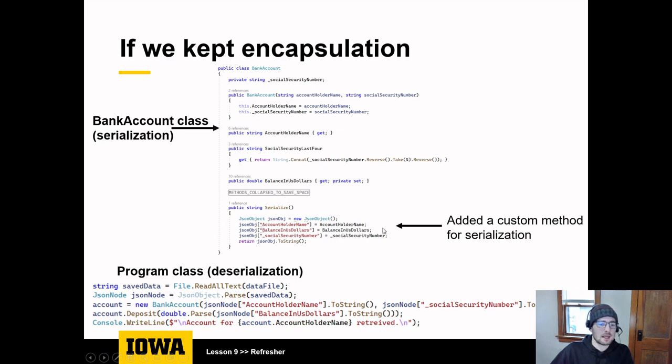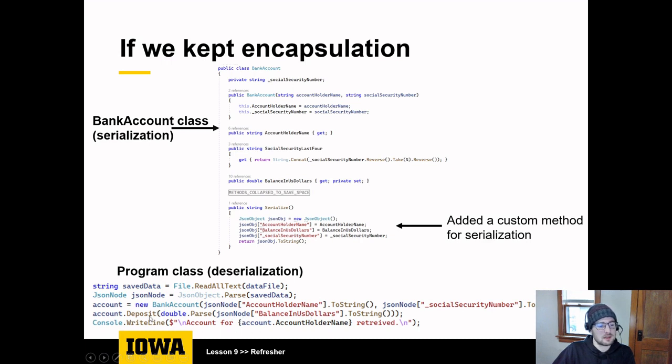So you have to add a serialize method to your bank account class, and then to deserialize, you're going to need to, again, create this intermediate object, this JSON node, and then pull out key value pairs, and then because you can't modify the value of balance in US dollars, you're going to have to call the deposit method in order to change that to what was saved in the file.